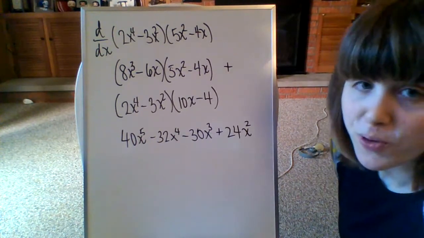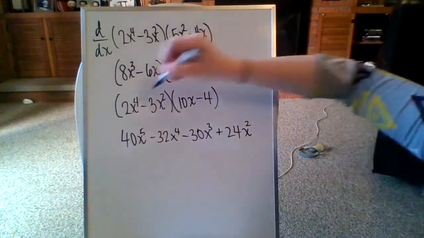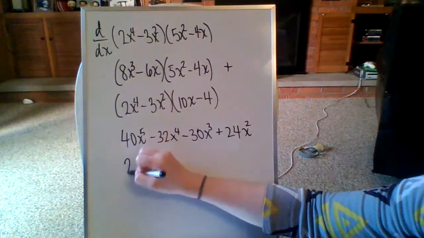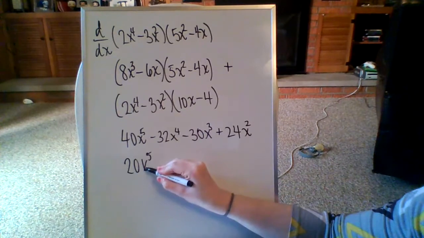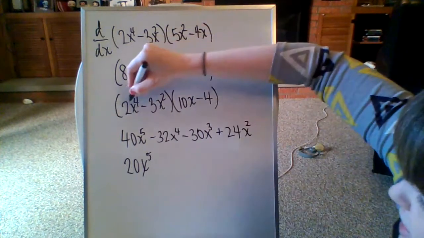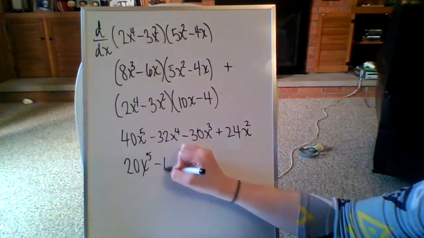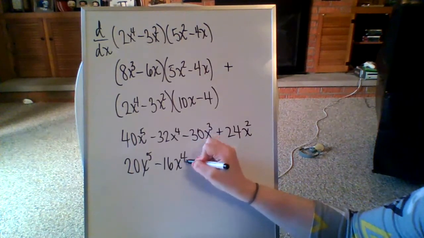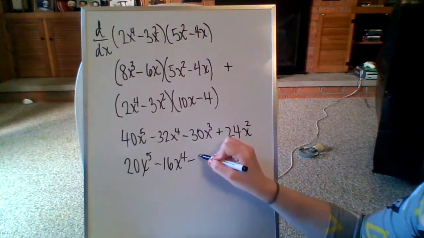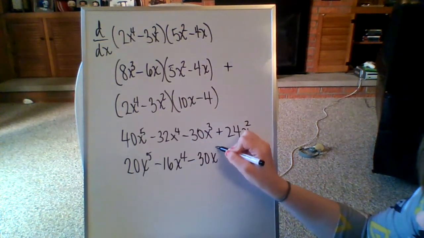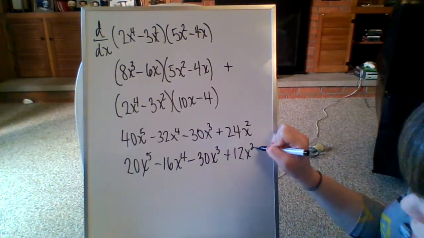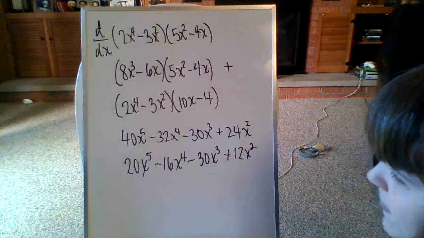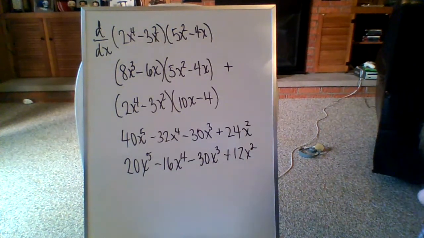Now I'm going to FOIL the second part. So 20x to the fifth. That's a weird x, but it's an x. Okay, then minus 16x to the fourth minus 30x to the third plus 12x squared.